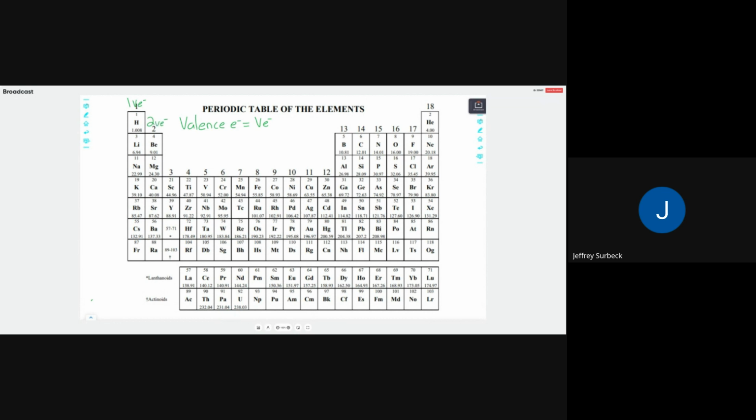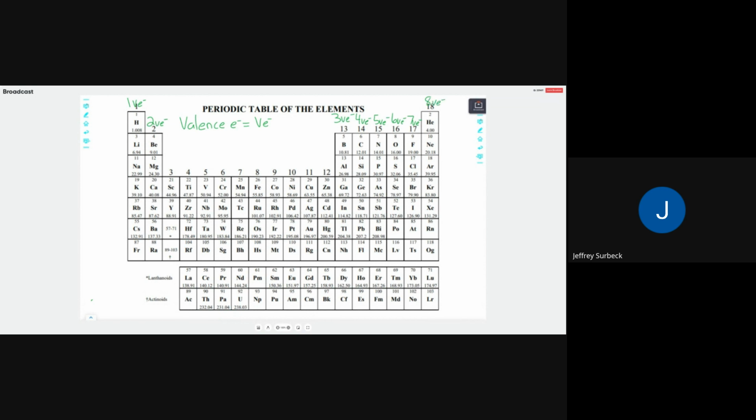For the most part, the transition metals have 2 valence electrons. There is some exception, same thing with the inner transition metals, but I'm just going to skip over those for right now and get to group number 13 with boron. They have 3 valence electrons, 4 valence electrons, 5 valence electrons, 6 valence electrons, 7 valence electrons, and then our noble gases will have 8 valence electrons.